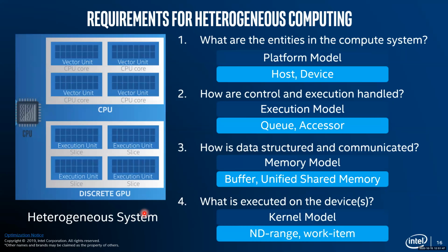So in this slide, we'll talk about some of the requirements for heterogeneous computing and what is actually involved in a heterogeneous system, right? First we talk about the platform model. In this platform model, we have a host and a device that we need to identify to offload the work we want to send for parallel execution.